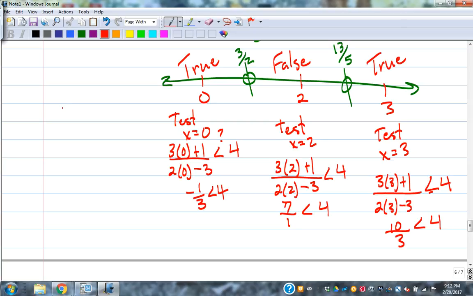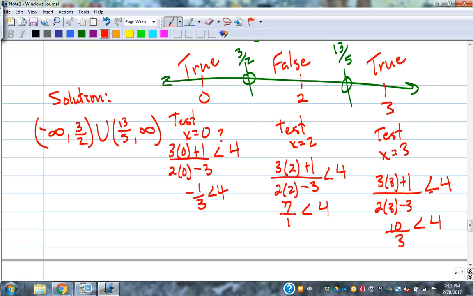So our solution would be from negative infinity to 3 over 2, union 13 over 5 to positive infinity.